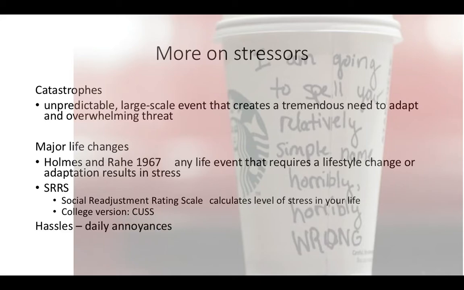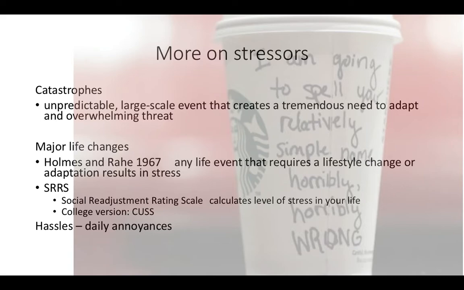And then there are the daily annoyances, frustrations, delays, irritations, minor disagreements. There's also something called a Hassle scale that will calculate how much kind of superficial stress you have in your life.